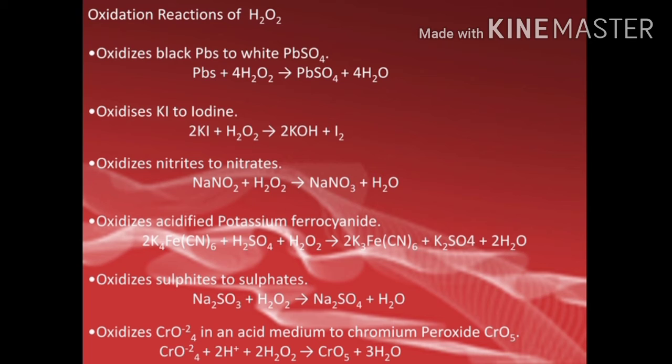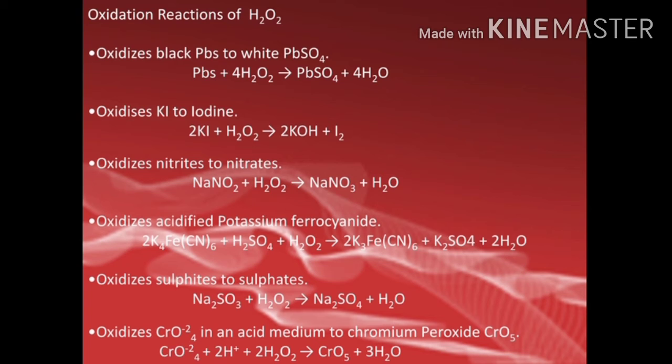Second reaction, potassium iodide undergoes oxidation in the presence of hydrogen peroxide to produce iodine. So, potassium iodide is converted into iodine. That is an oxidation reaction.